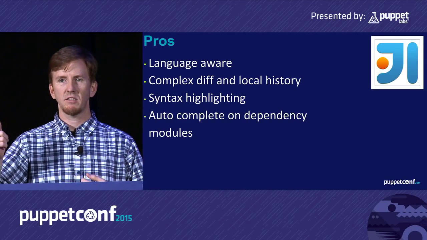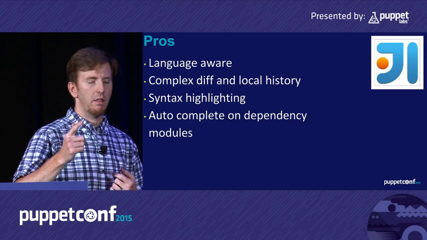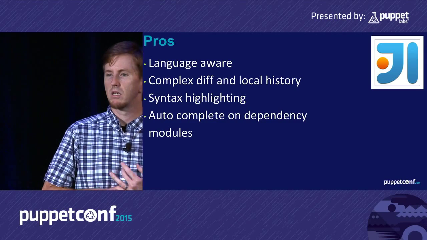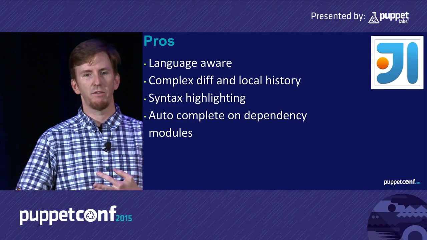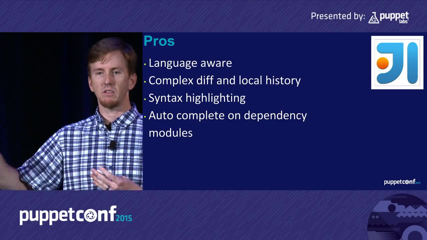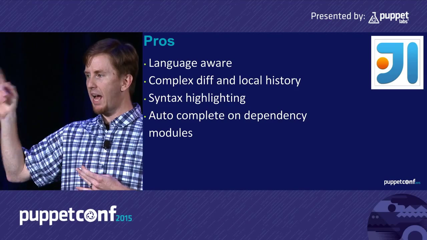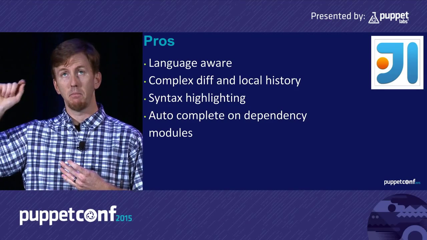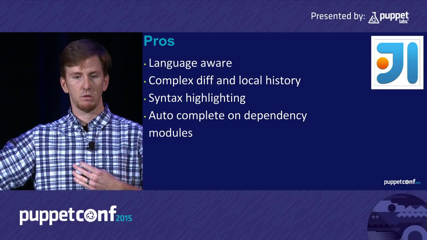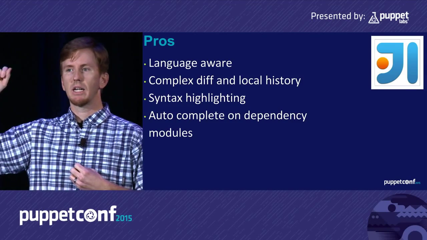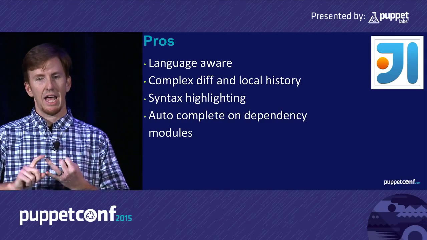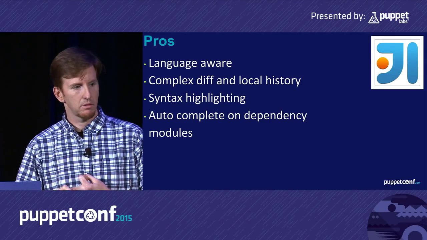Autocomplete on dependency modules. This is huge. So if you have something in your metadata JSON or your fixtures YAML file, those are dependencies. IntelliJ will actually look at that module if it's loaded in your spec modules fixtures repository, and it will give you the autocomplete of parameters and classes and defined types.